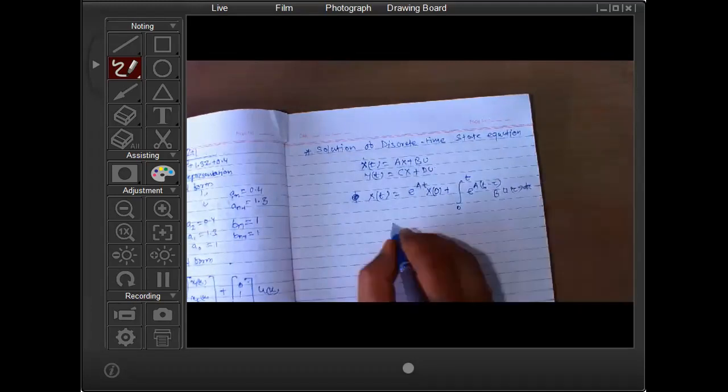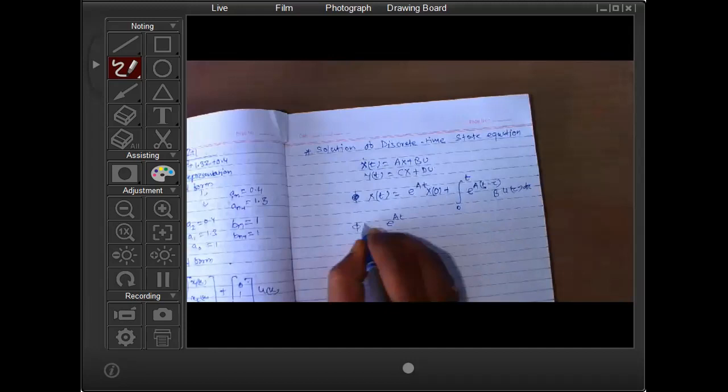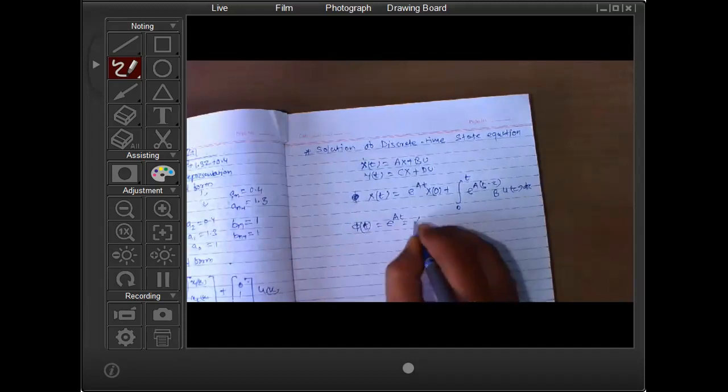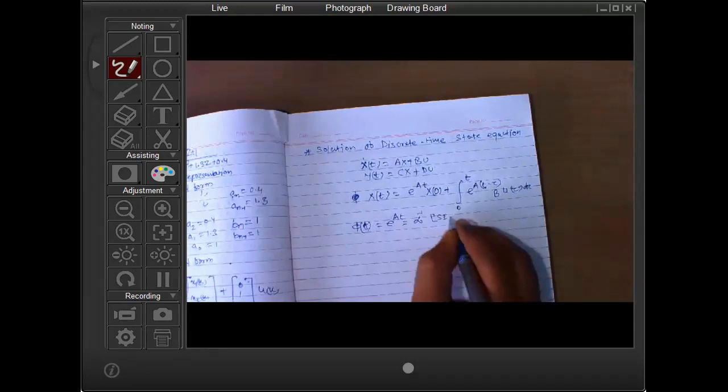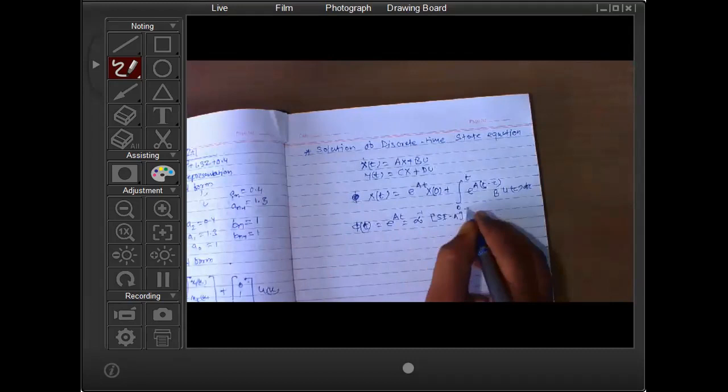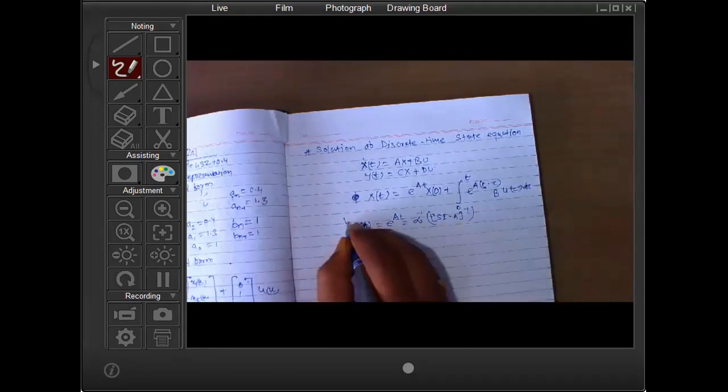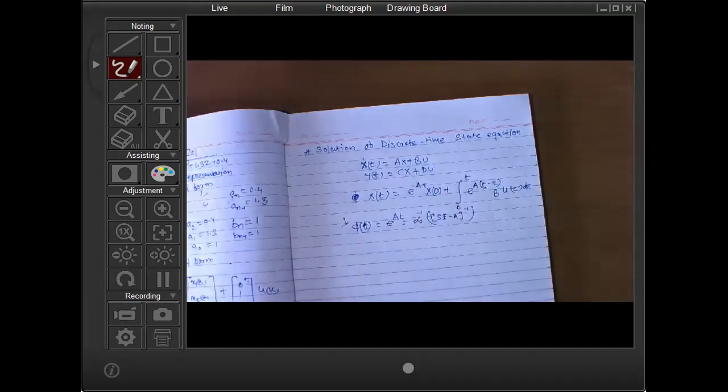And e to the power At is called the state transition matrix, and its value is equal to inverse Laplace of (sI minus A) inverse. Any doubt?